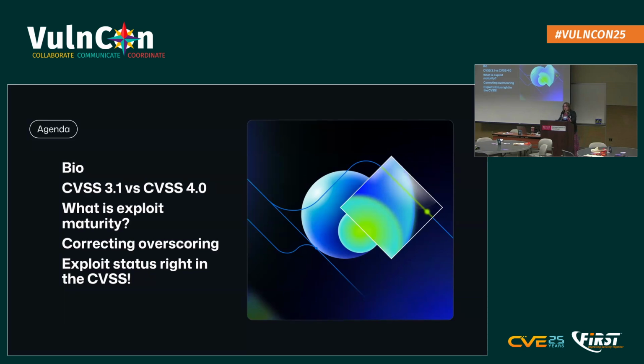I'm going to talk about two cases where you can use exploit maturity to improve the quality of your records. Those scenarios are correcting overscoring that tends to happen in CVSS 4.0 and to improve the record by including information about the exploit status right in the CVSS record with no other information necessary.